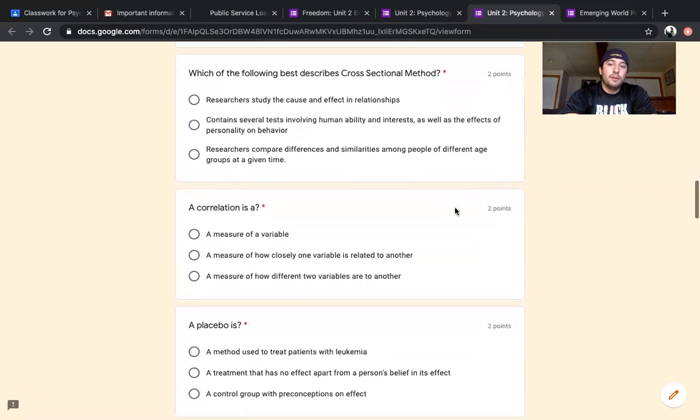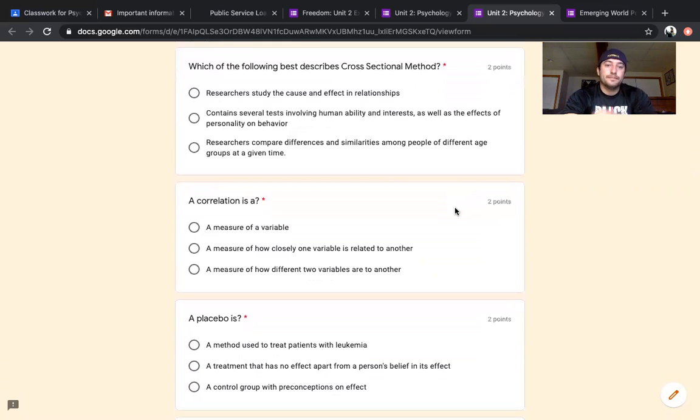Which of the following best describes the cross-sectional method? Researchers compare differences and similarities among people of different age groups at a given time. So you're gathering information from different groups of people, different subjects, at one given time. You're supposed to eliminate the time expense that a longitudinal study would have.